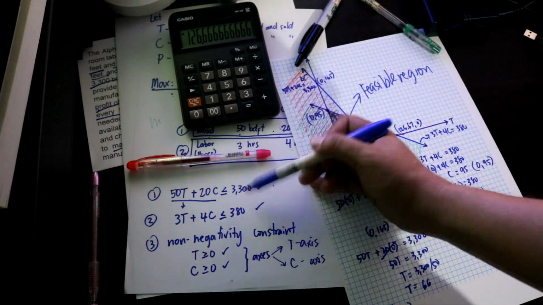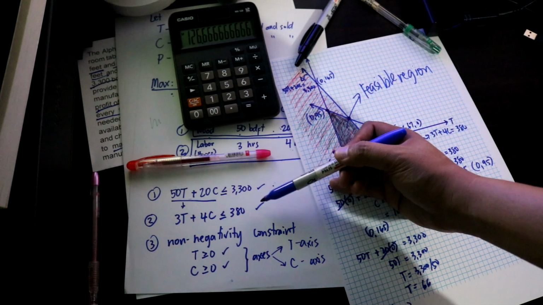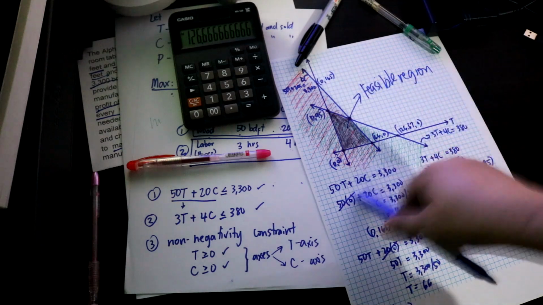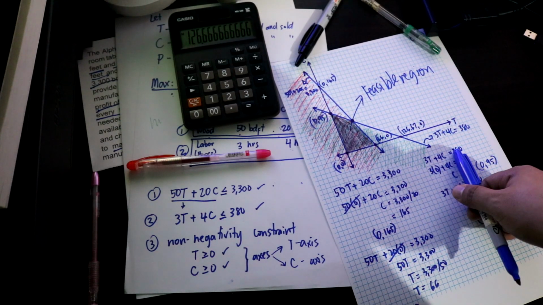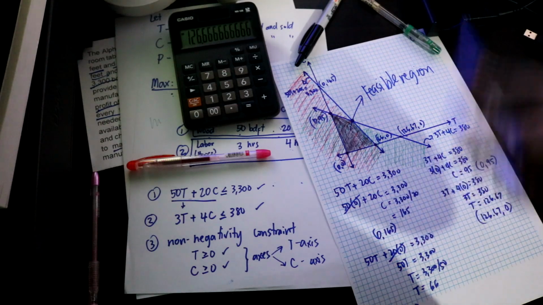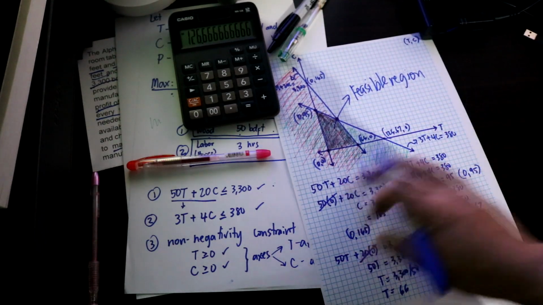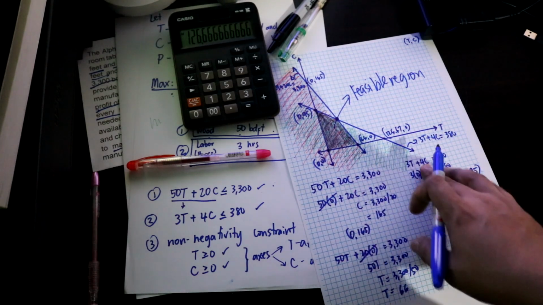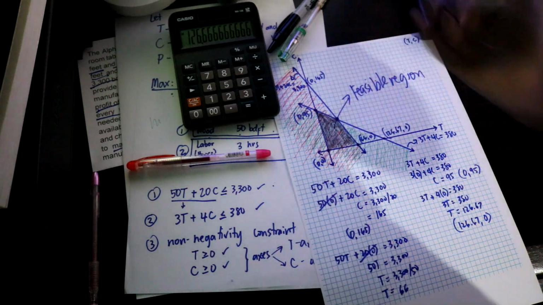So we just solve for the solution between these inequalities, or in this case, these two equations. We create a system of equations, and then we solve for the solution. The solution of this system of equations would now be the intersection between these two lines.